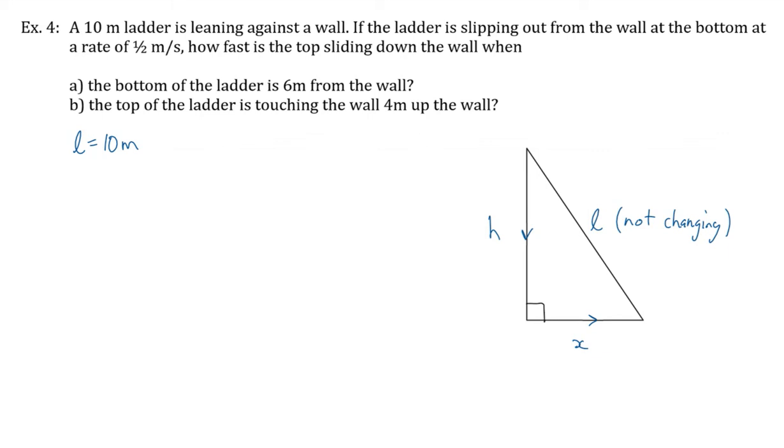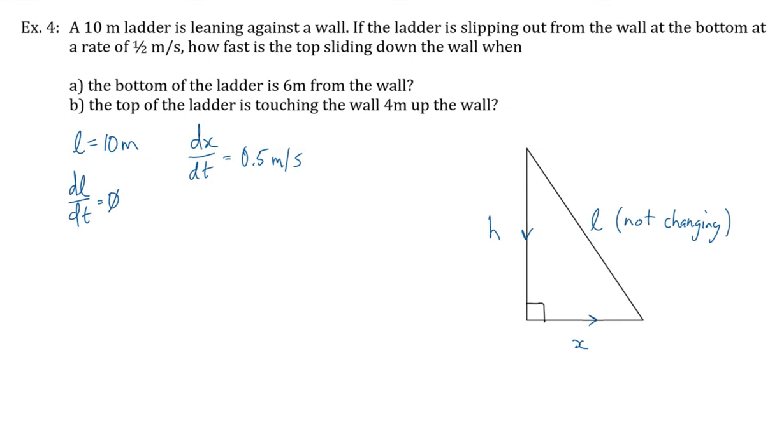And what else do we know? I'll give you a second to think about this. So we know dx by dt. It's positive 0.5 meters per second. We know one more thing. We know dL by dt.